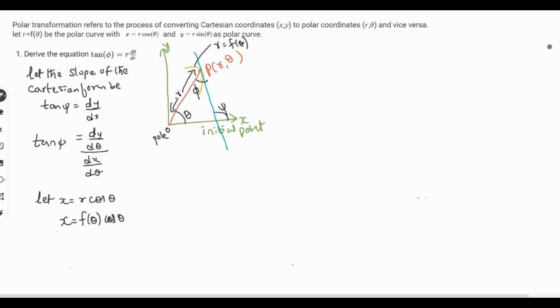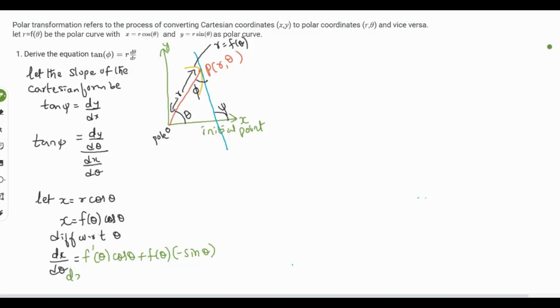Now differentiating with respect to theta, we get dx by d theta using the product rule: first term differentiation f dash theta cos theta as it is, plus first term as it is, differentiation of second term, cos theta differentiates to minus sin theta.